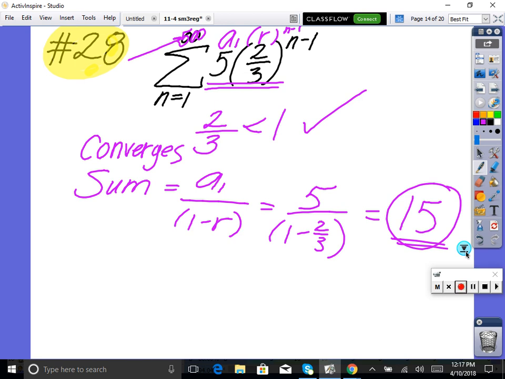The formula that we just did, a sub 1 over 1 minus r. Not when you did this. You're not going to do it this way. You're going to do the formula. I was just showing you how it really does approach 15.